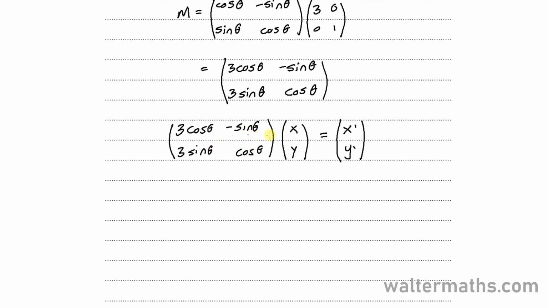So that's the transformation that's going to happen. So here I'll simplify. I'll multiply the left hand side, where I'll be having this row times the column xy. We will be getting 3x cos theta minus y sine theta. In this row times the column, we will get 3x sine theta, plus y cos theta, and it's equal to x dash, y dash.